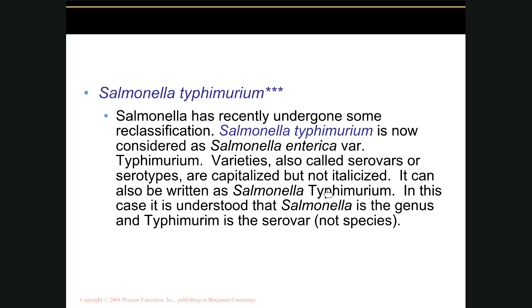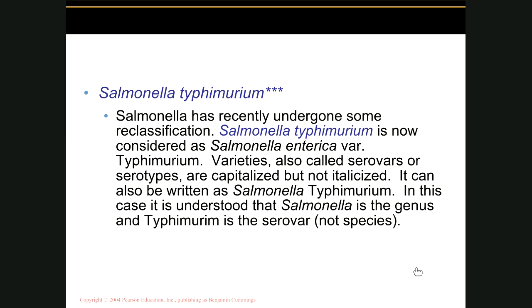For this particular genus, you will still see the old names, Salmonella, whatever, Typhimurium, Cholera suis, all different kinds. Now it's Salmonella enterica, and then whatever the variety is. So names change. Organisms are reclassified all the time.